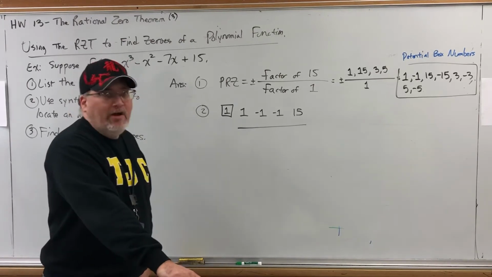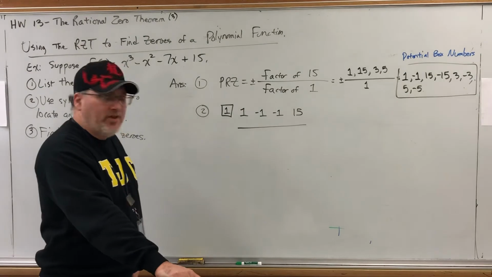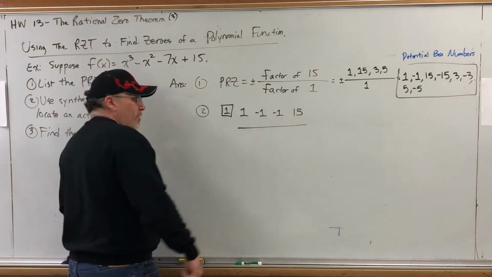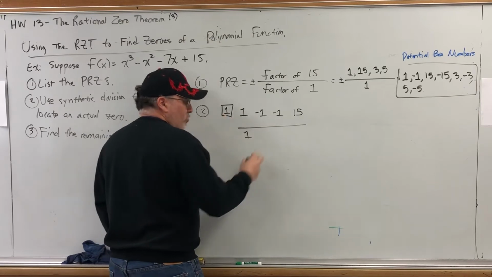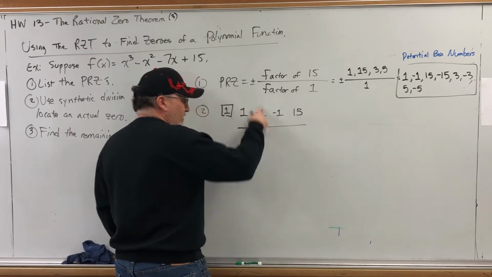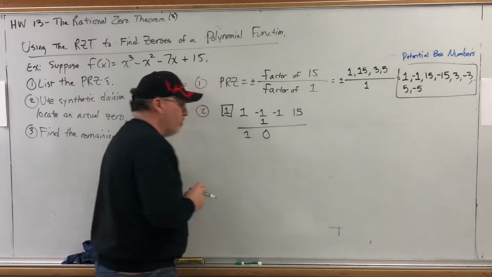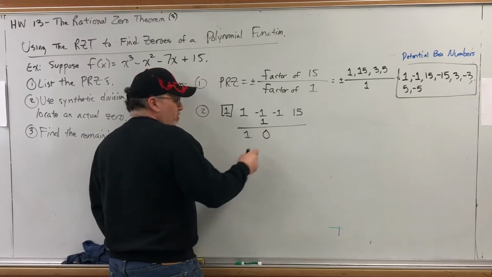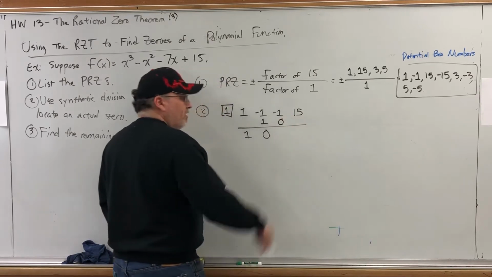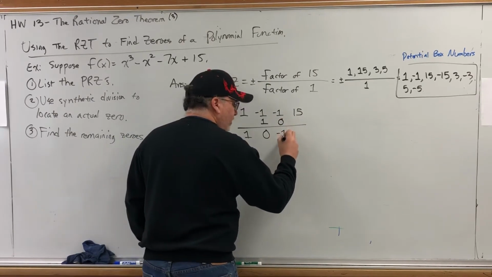This is a lot of trial and error, and you're going to have to go through a lot of synthetic divisions. Just remember, add the column, multiply by the box. 1 times 1 is 1. Add the column, hooray, we got 0. Oh, a little too early to celebrate. Multiply by the box number, 0 times 1 is 0. Add the column to get negative 1.